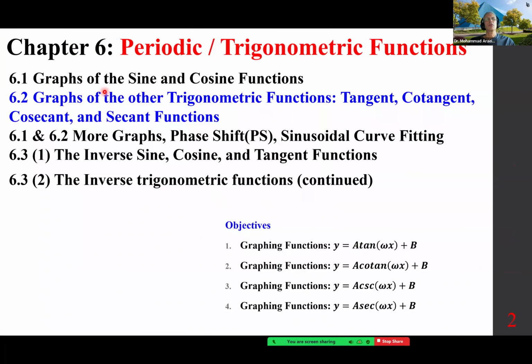So we looked at graphs of the sine and cosine functions, and now we're going to look at graphs of other trigonometric functions: tangent, cotangent, cosecant, and secant. The objectives are graphing functions of the form y equals a tan omega x plus b, y equals a cotangent omega x plus b, y equals a cosecant omega x plus b, and y equals a secant omega x plus b.